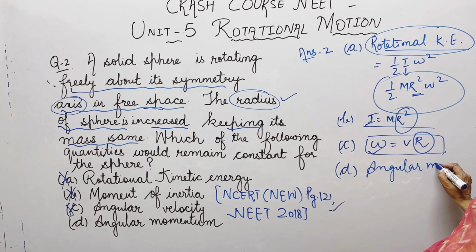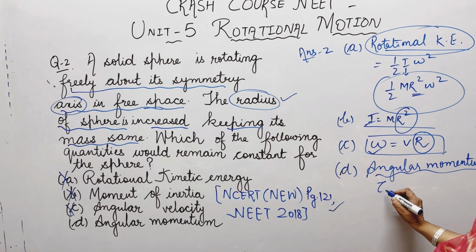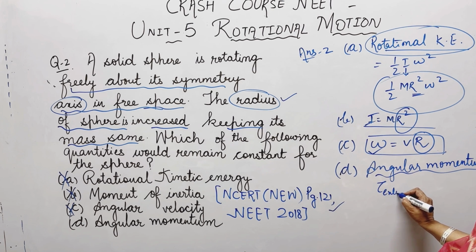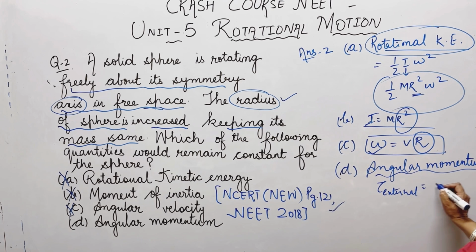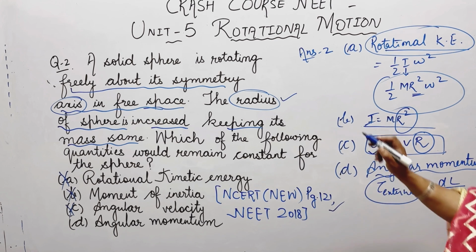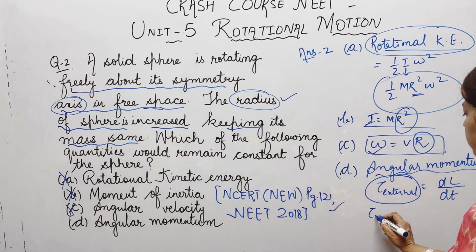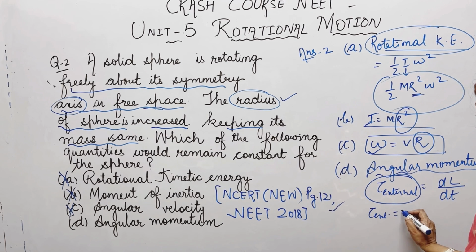Now we'll go to the D option, angular momentum. The angular momentum can be related with the external torque, which is the rate of change of angular momentum. Since there is no external force applied in this case, tau external is 0.